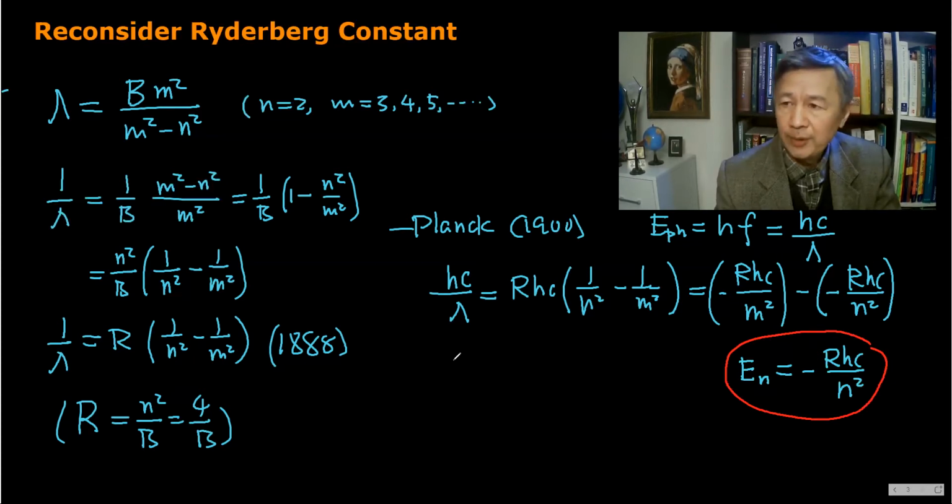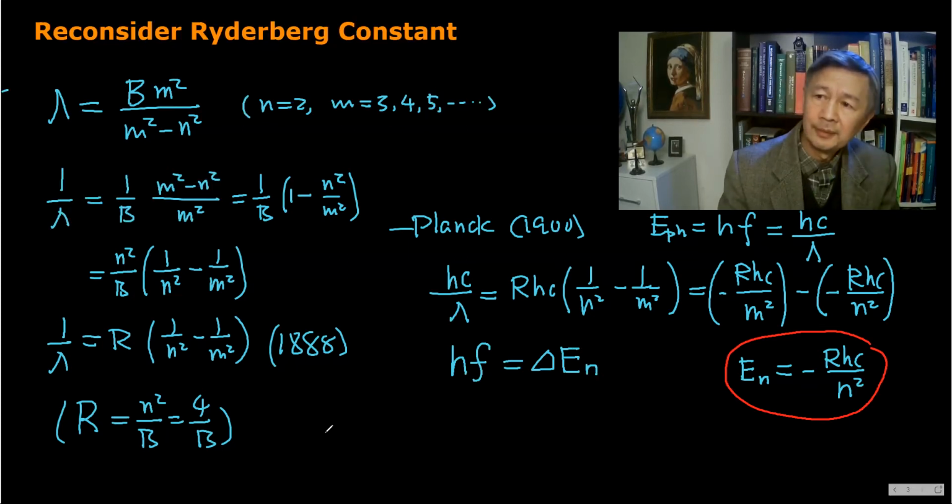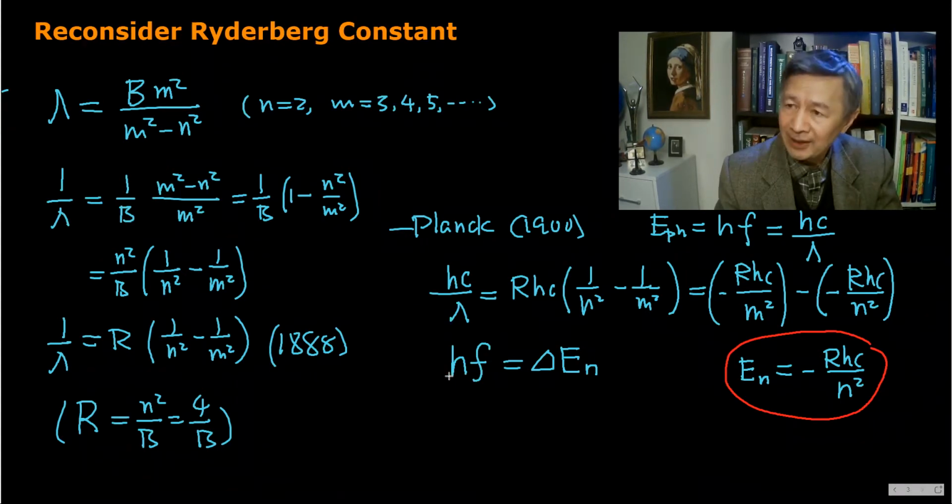So his formula can be simply written as the photon energy, h times frequency, equal to the change of the hydrogen atomic energy, delta E sub n. Of course, this equation was eventually explained by Niels Bohr in 1913, after the discovery of the nuclear model of the atom by Rutherford.